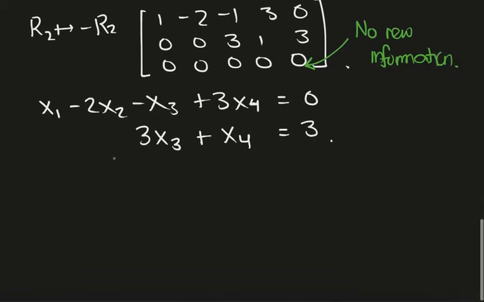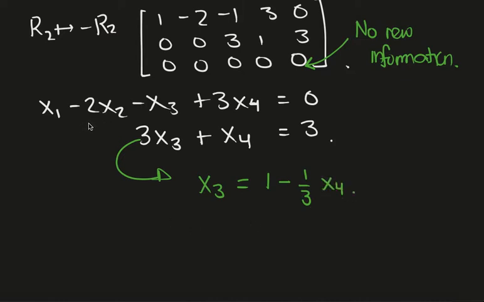Okay, so what can we say? Well, from the second one, I can say that x3 is 3, well, let's divide by 3 already. So we have 1 minus 1/3 x4.